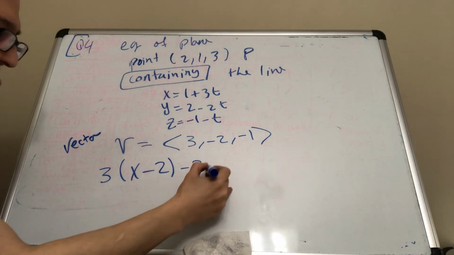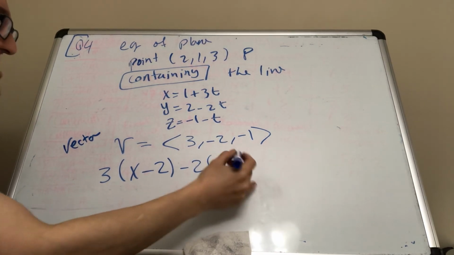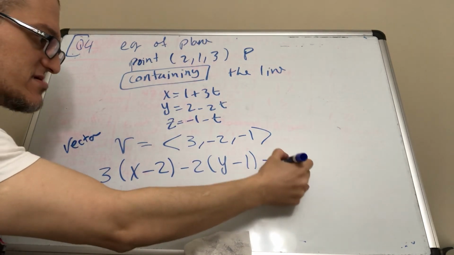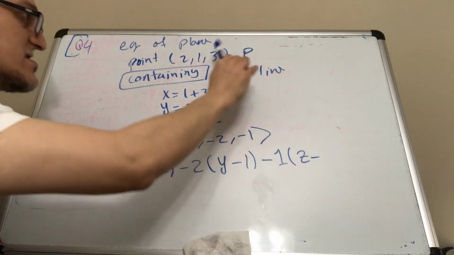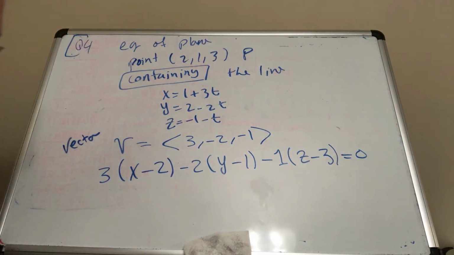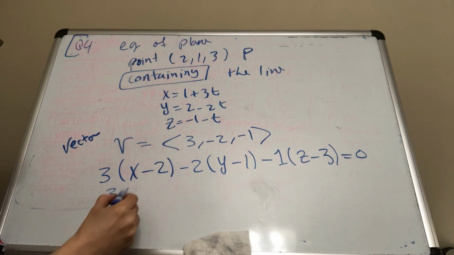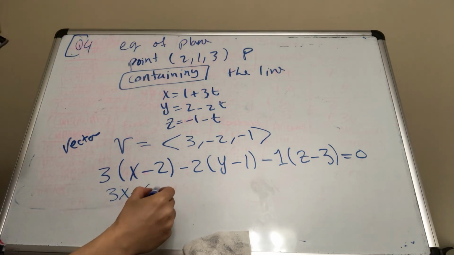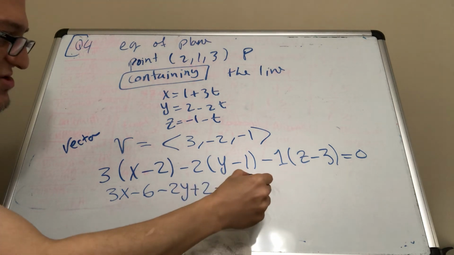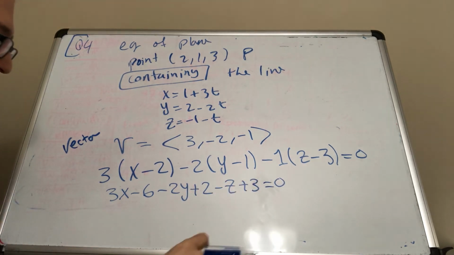You take the second slope and y minus whatever this point is. And you take the last slope and z minus whatever this point is, and say equals 0. Take the 3 inside, 3x minus 6, 2y plus 2, z plus 3 equals 0.